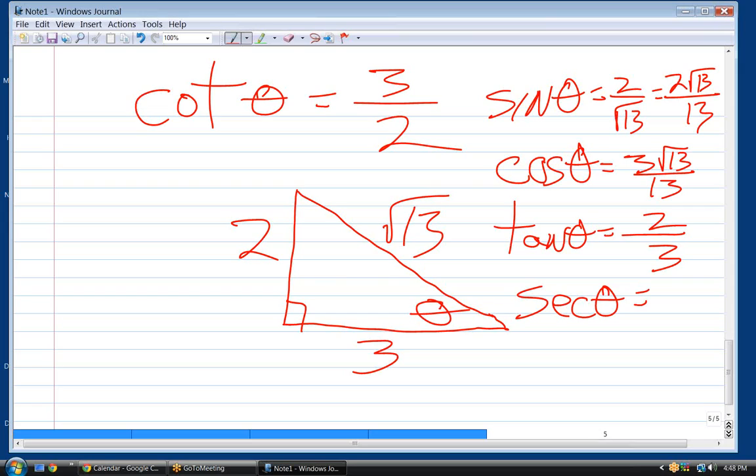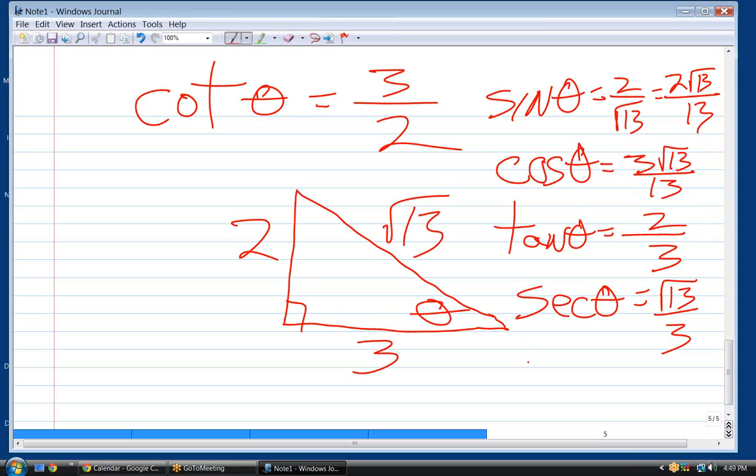It's hypotenuse over adjacent, so square root of 13 over 3. Yeah, the other one was originally 3 over root 13, so this is square root of 13 over 3. Unfortunately, once you've rationalized the cosine and now you take the reciprocal of it again, all of a sudden you have to rationalize it again. So that can be a little tricky.